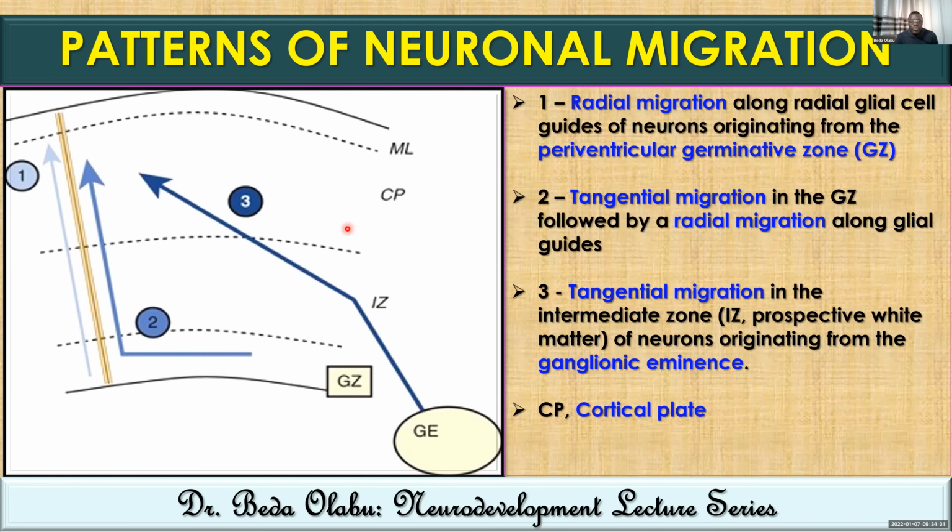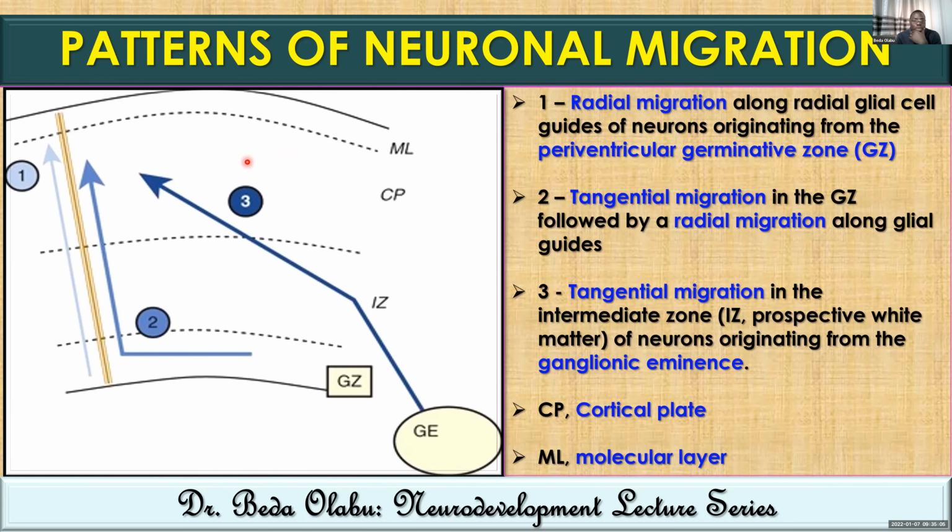CP is the cortical plate and ML is the molecular layer. The cortical plate represents the layers of the cerebral cortex, apart from the molecular layer. So remember, if that is the molecular layer, then within here we'll have the outer granular layer, outer pyramidal layer, inner granular layer, inner pyramidal layer, and the multiform layer.